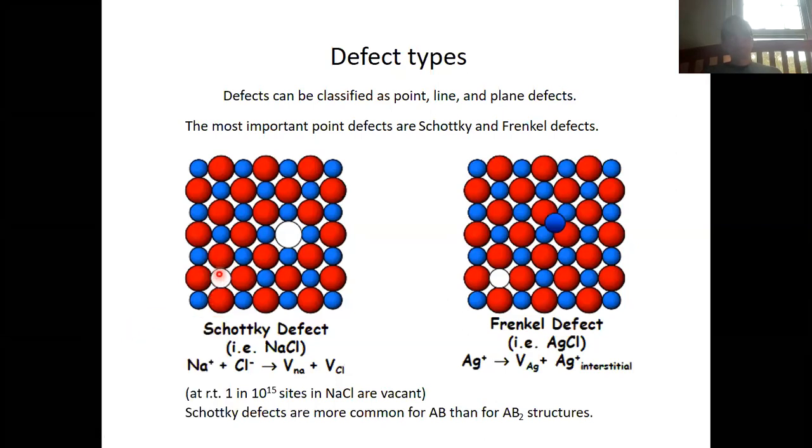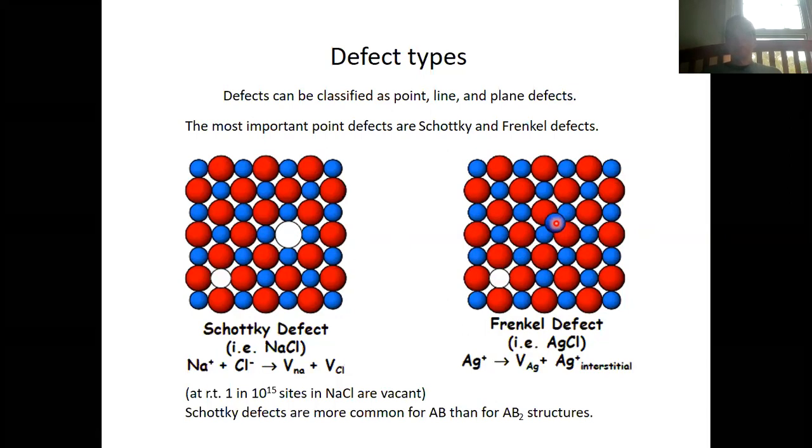an ion pair is missing within a crystal, while when we have a Frenkel defect, then one ion, mostly a cation, is dislocated from its equilibrium site to a so-called interstitial site where it has a higher energy.